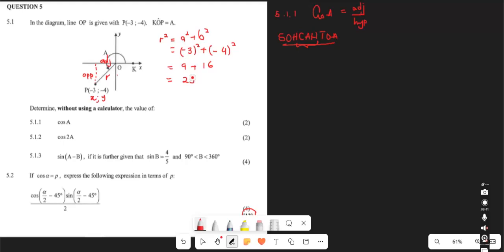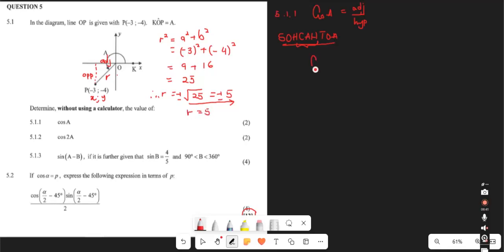Therefore you have 25. Since we have r squared, r is equal to plus or minus the square root of 25, which is plus or minus 5. But since we know that r is always positive, therefore r is equal to 5.